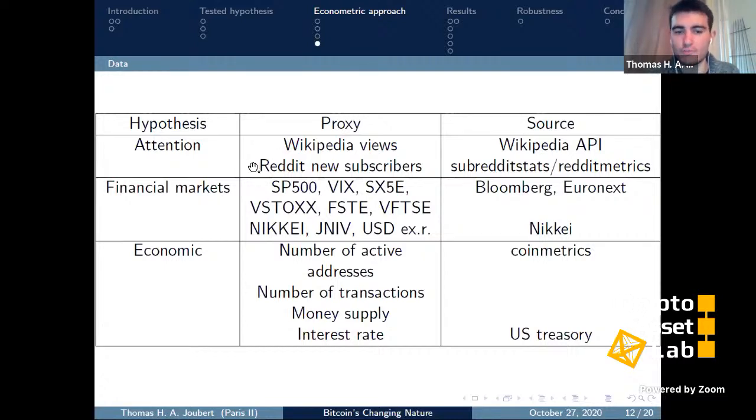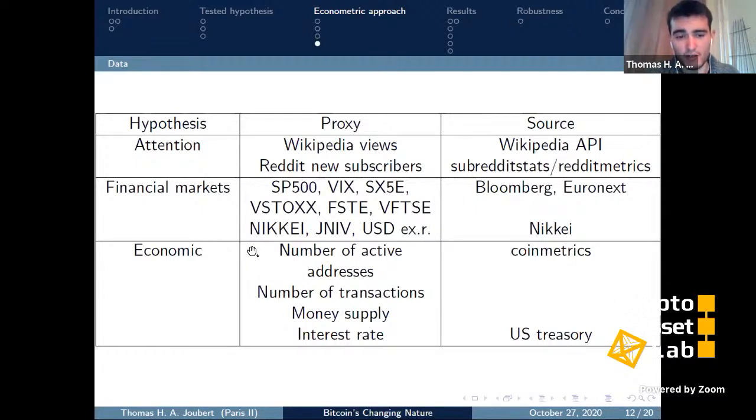So I also use the new subscribers on the Reddit forum. Regarding the financial markets, I use 4 stock exchange indexes, which are the S&P 500, the Eurostoxx 50, the FTSE and the Nikkei, and also their volatility index. I also use 2 exchange rates that are the USD/GBP exchange rate and the USD/Euro exchange rate.